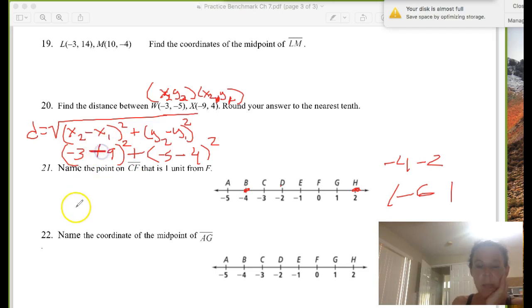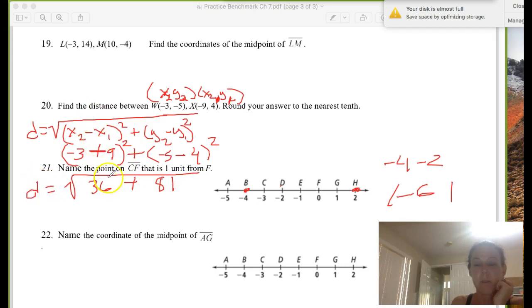So I'm going to make that positive. Negative 3 plus 9 is going to give me positive 6. And I square positive 6 and I get 36. Negative 5 minus 4 gives me negative 9. Negative 9 squared, well, a negative times a negative is a positive, so it's going to be positive 81. This is all still under the square root.